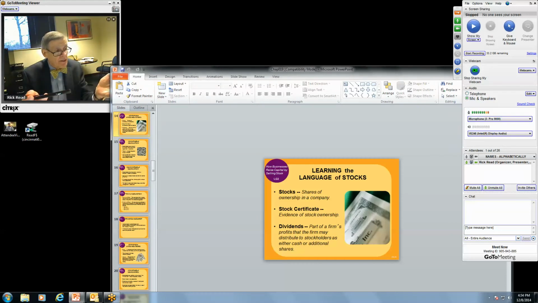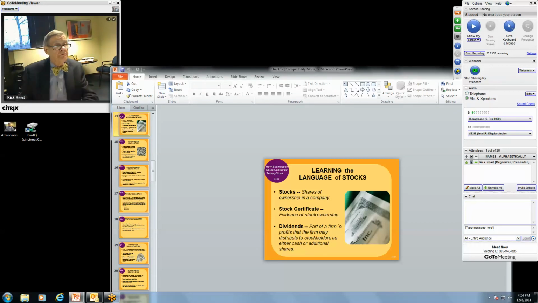A dividend is what the company pays if it's made a certain amount of money, and they'll distribute that to stockholders. Remember that companies are not required to pay dividends ever. Some companies pay dividends, some companies don't, even though the stock goes up.